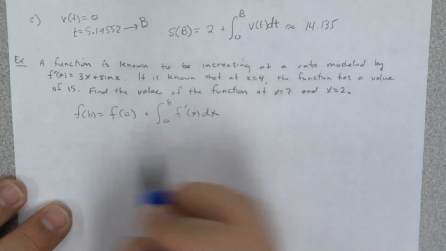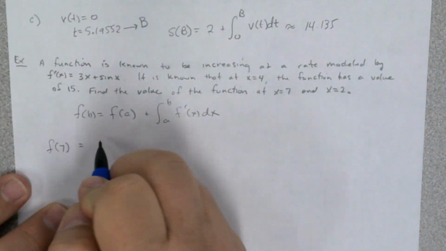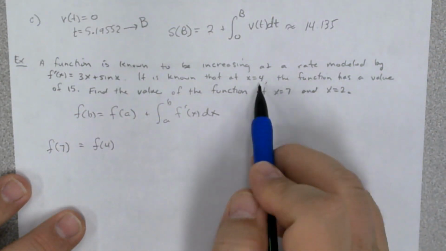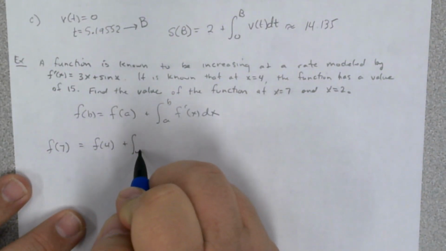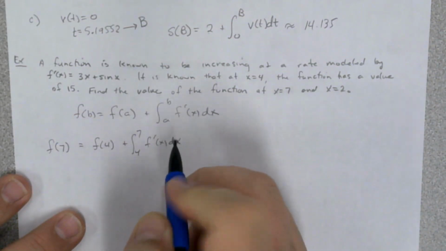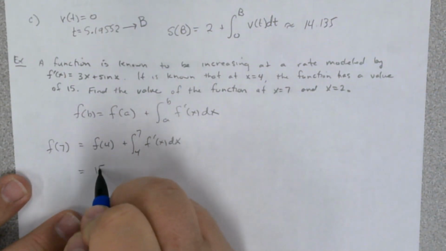So what is f of 7? F of 7 is f at 4, the start position, because we're starting at 4, plus the displacement. So this is going to go from 4 to 7 of f prime of x dx. And then we just add in the numbers that we know. This right here, they told us is 15.